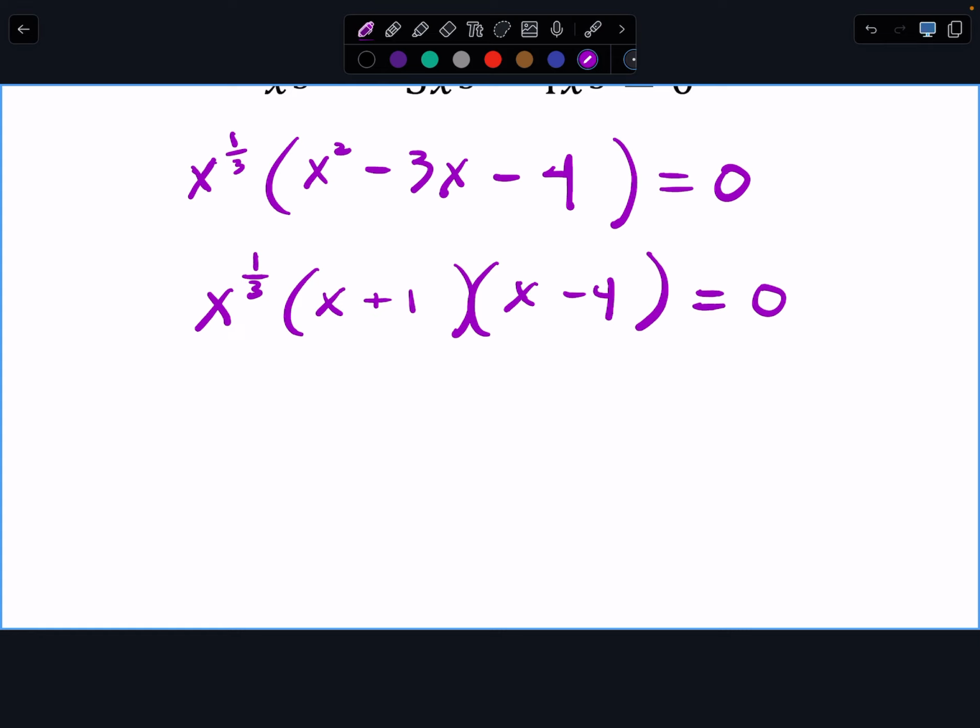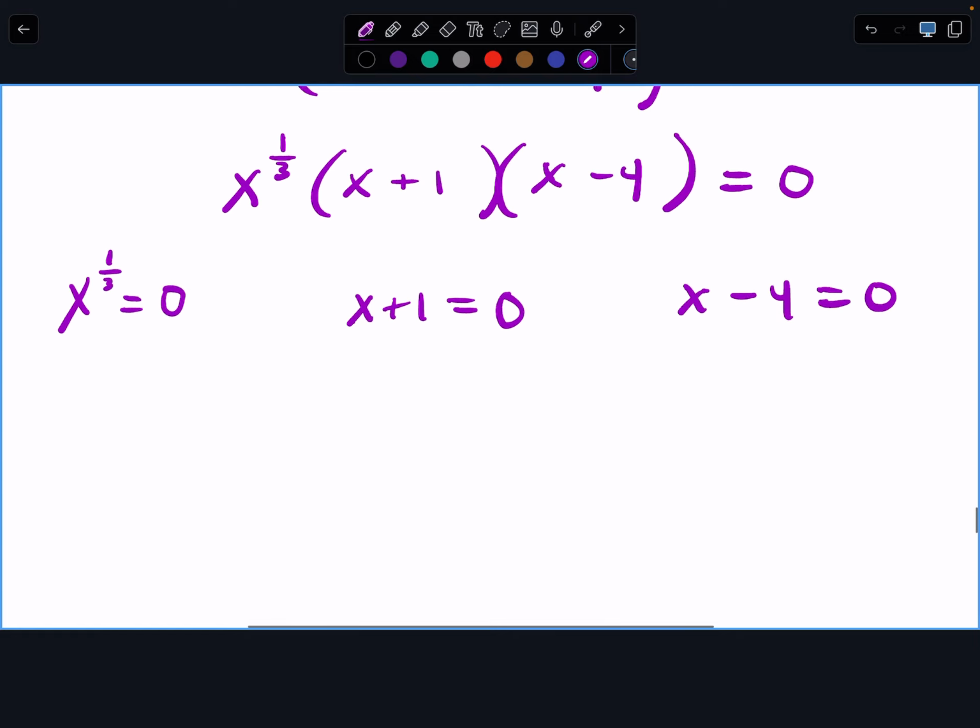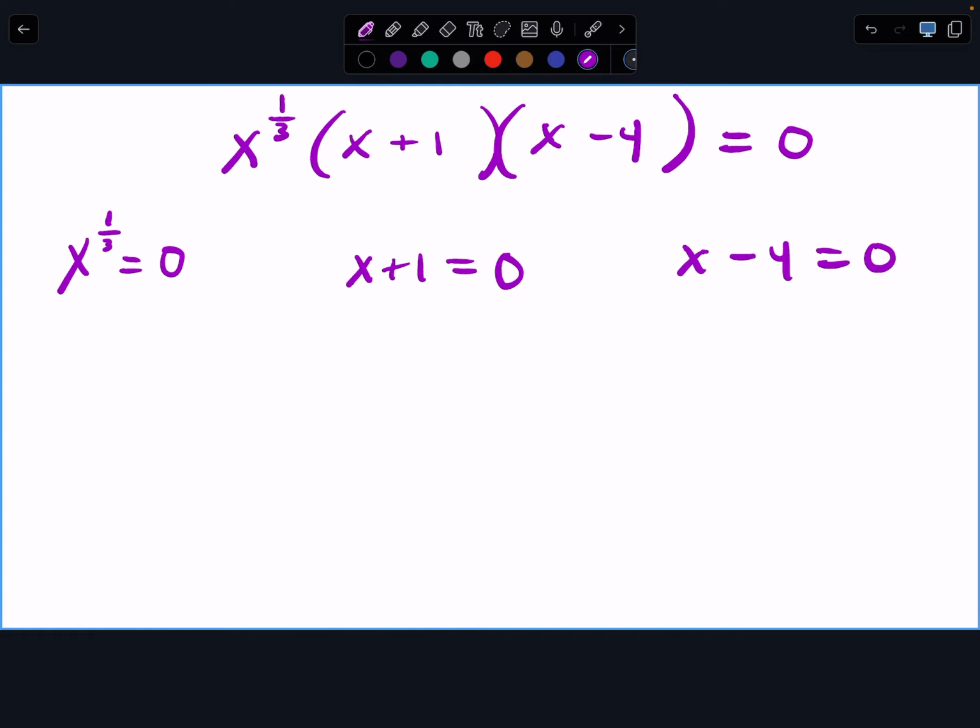So if you need to pass through the step of going, well, x to the 1/3 is equal to 0, or x plus 1 is equal to 0, or x minus 4 is equal to 0, in order for that to be a true statement, and then go x is equal to 0, x is equal to -1, or x is equal to 4. You could just go directly by inspection to x equals 0, -1, or 4.